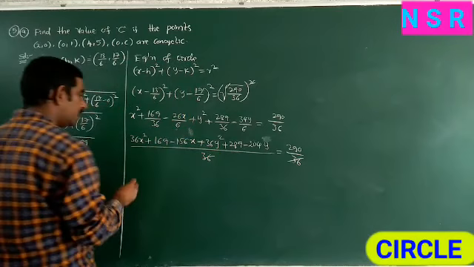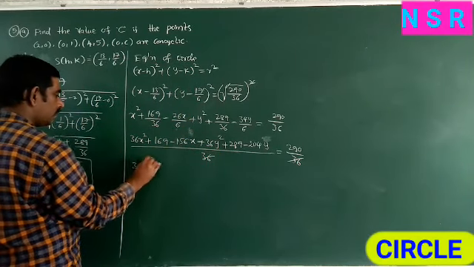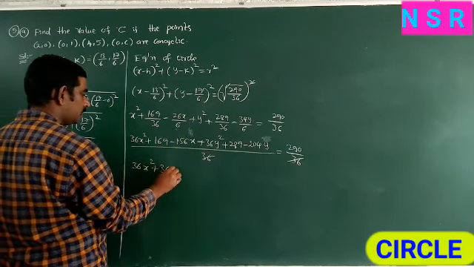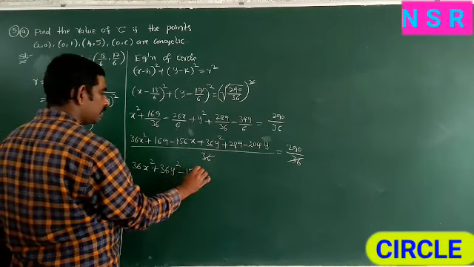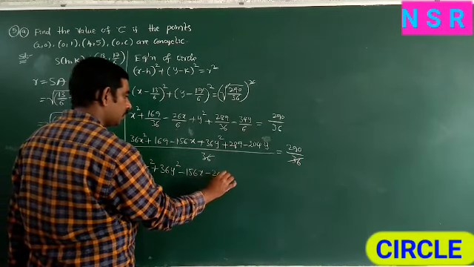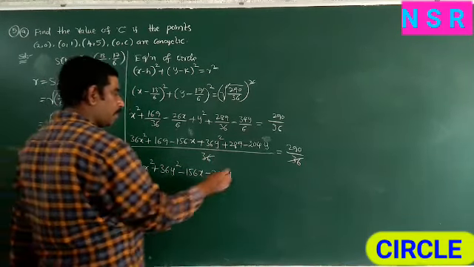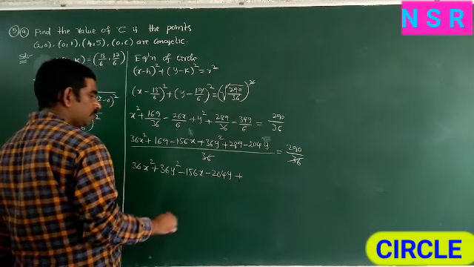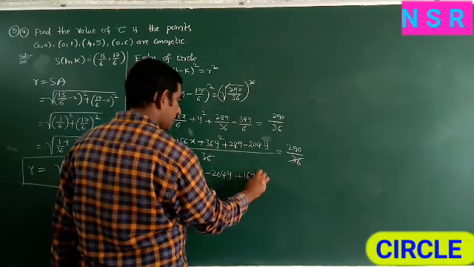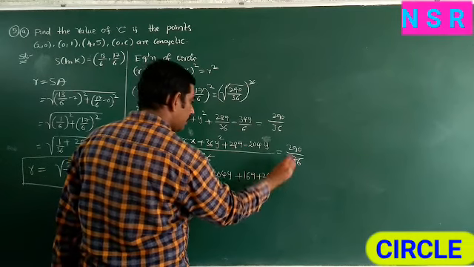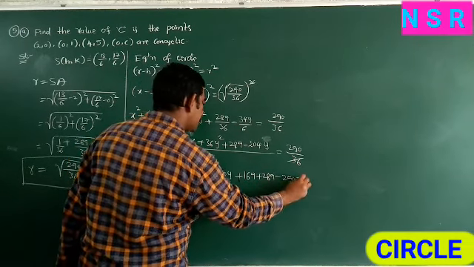So 36 gets cancelled. So 36x square plus 36y square minus 156x minus 204y plus 169 plus 289 minus 290, moving this side, equal to 0.